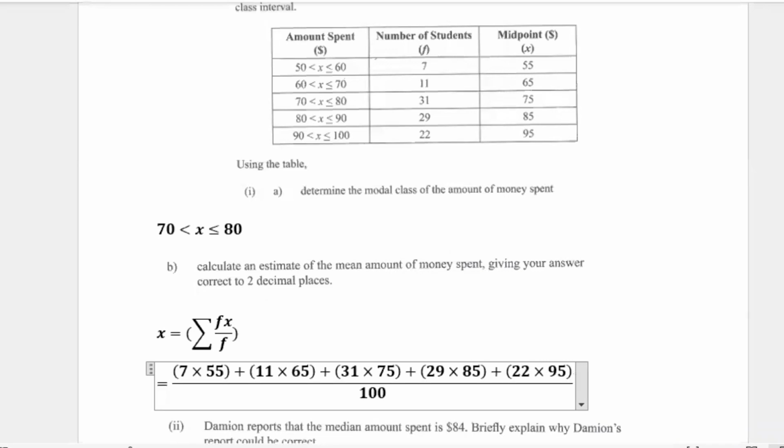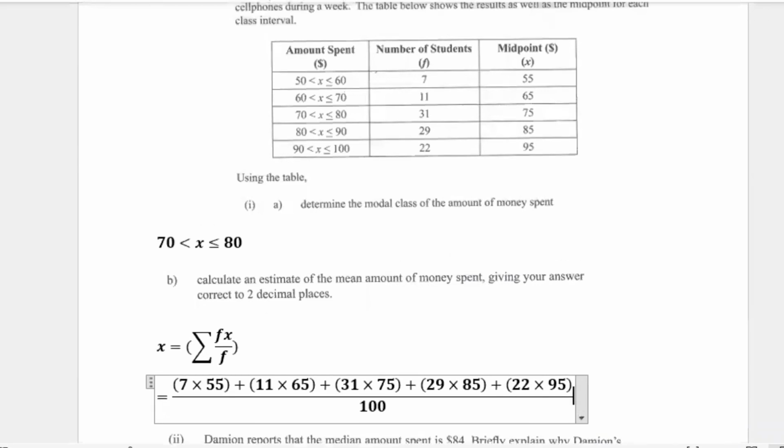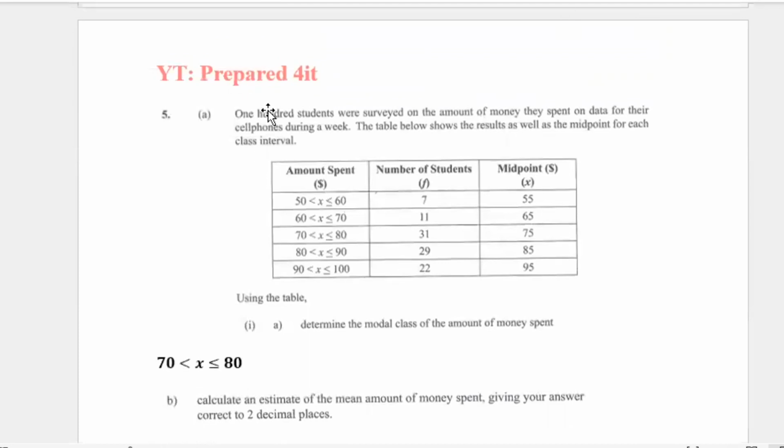You can add the frequency and you see that it is 100, or it was stated in the question, it says 100 students were surveyed. So that is our total frequency.